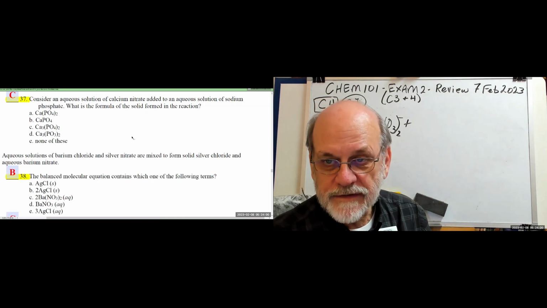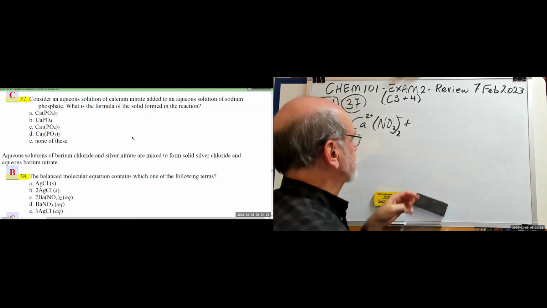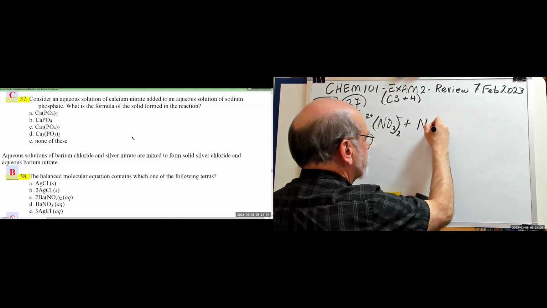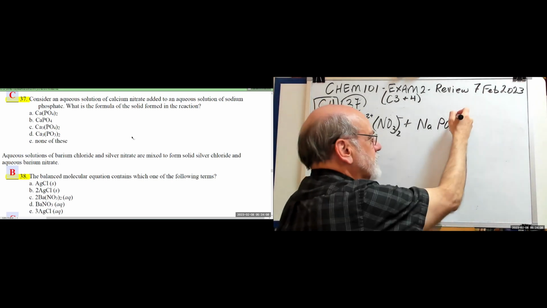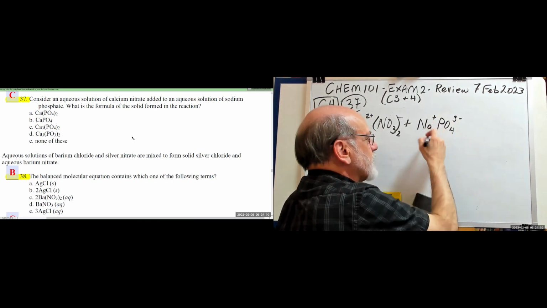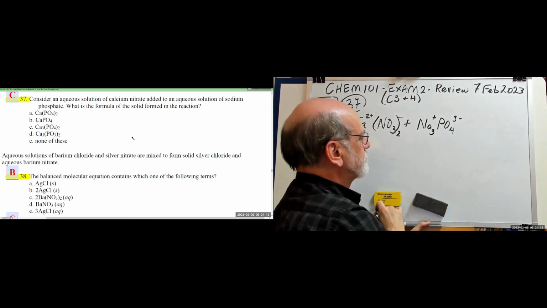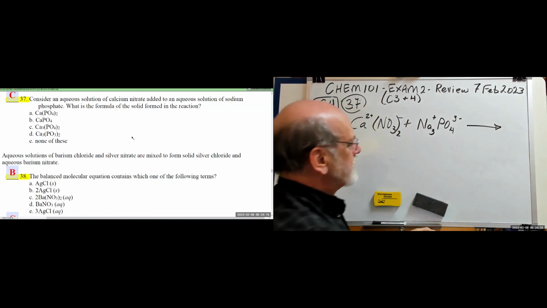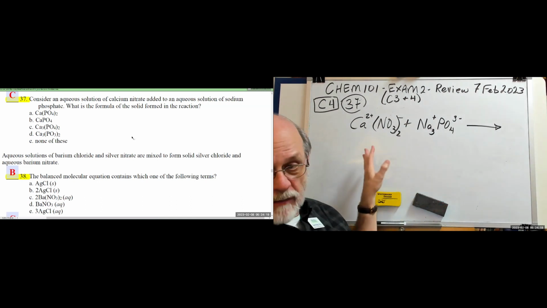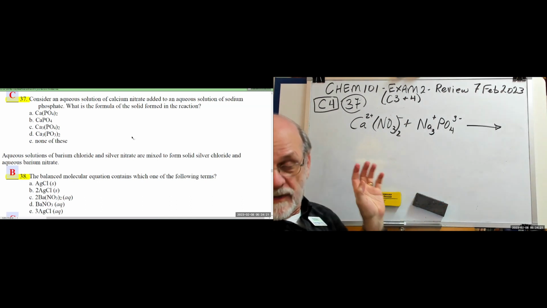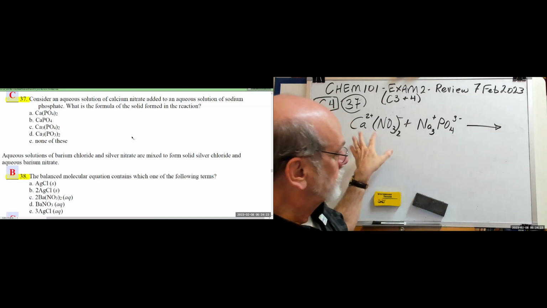And it reacts with sodium phosphate. There's another polyatomic ion. This is a 3 minus and this is a 1 plus, so we need 3 of those. Okay? So when they react, what happens? This is a double replacement reaction. Remember, in solution, these are all soluble.